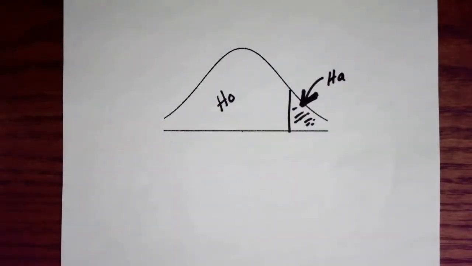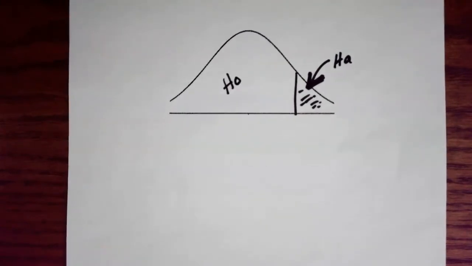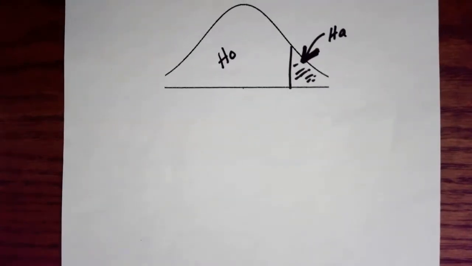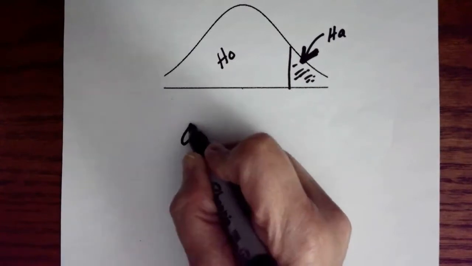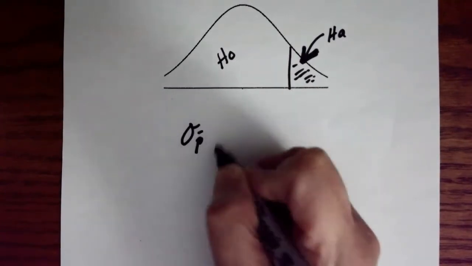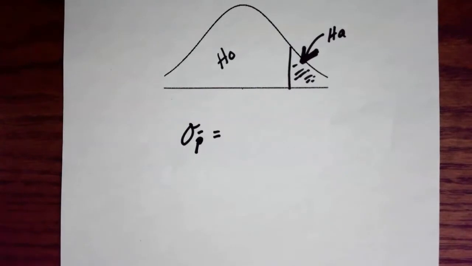So the formulas that we're going to see in testing hypotheses with proportions are the sample proportion, and the standard error of the sample proportion. We're going to compute this value because we need it to compute our test statistic, our z-score.